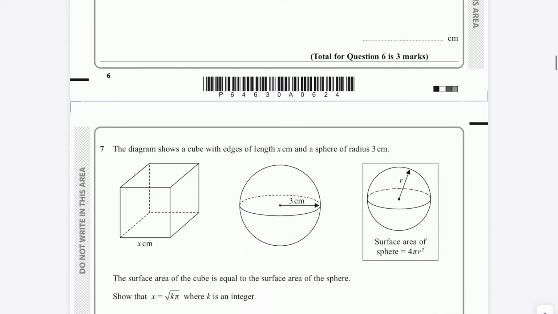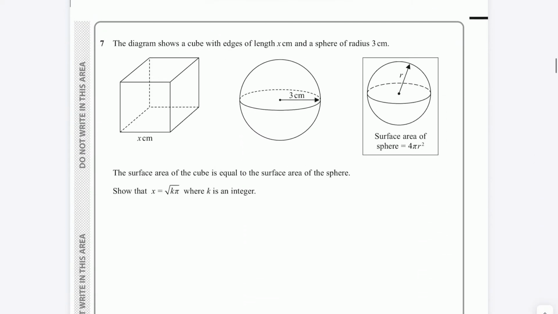Moving on to question 7. We've been told that the surface area of the cube and the sphere are both equal, and then we need to show this. So essentially we should solve this bit here, which is the surface area of the cube is equal to the surface area of the sphere. For the cube, we know it has 6 faces.